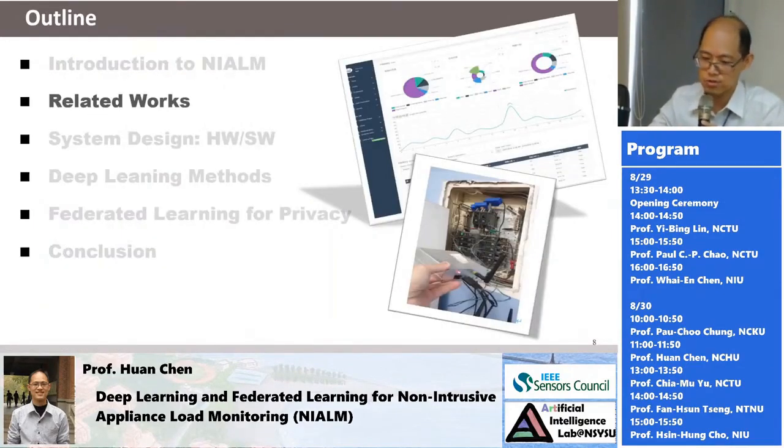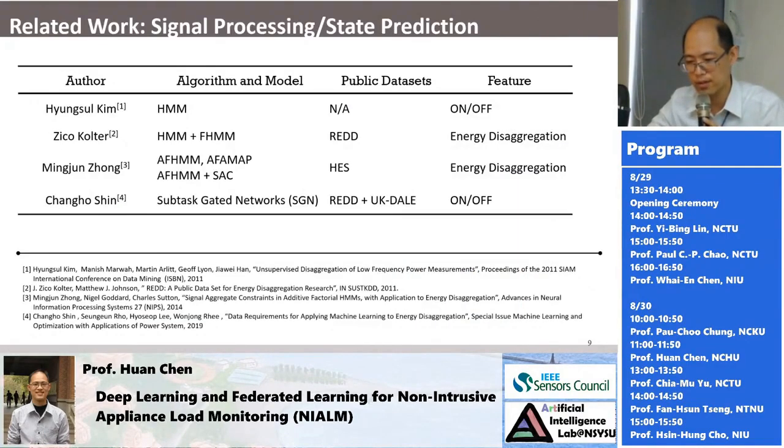Next, I will introduce the related work. Usually, the related work contains two parts: conventional ones and modern ones. Conventional ones are usually divided into signal processing and state predictions. Here, I list several very typical pieces of research.